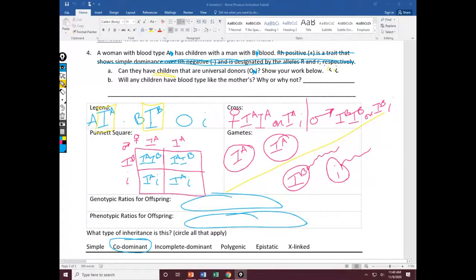That's a really big one we want to make sure we understand. Does this feel okay? Blood type is a really common example of codominance. We're going to go through another related one here in a few slides to help give you more examples of how to pick this up.